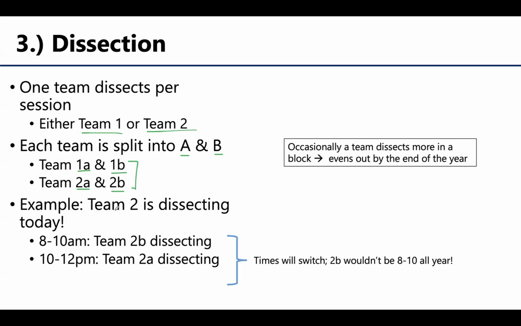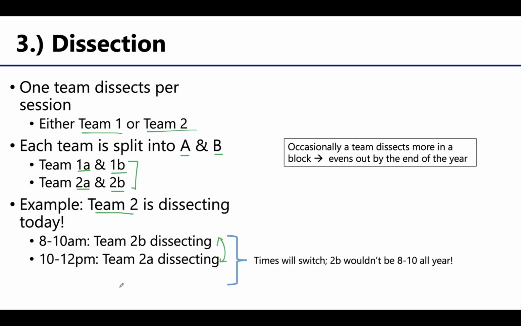So say team 2 is dissecting today. Team 2B is going to be in from 8 to 10, and team 2A is going to be in from 10 to 12. Note, the next time that team 2 comes into the lab, these times will switch. All right? So team 2B won't always be dissecting at 8 to 10 all year. They could be dissecting at 10 to 12.